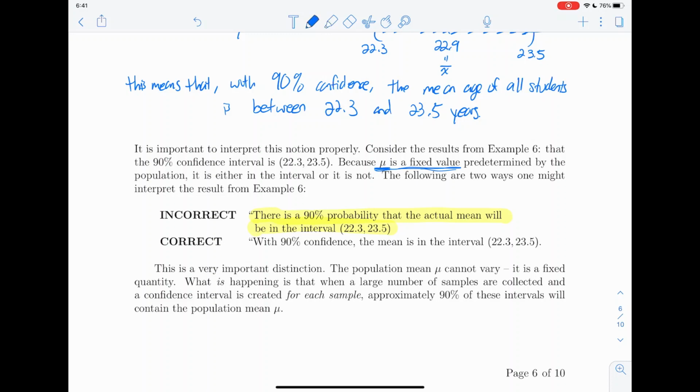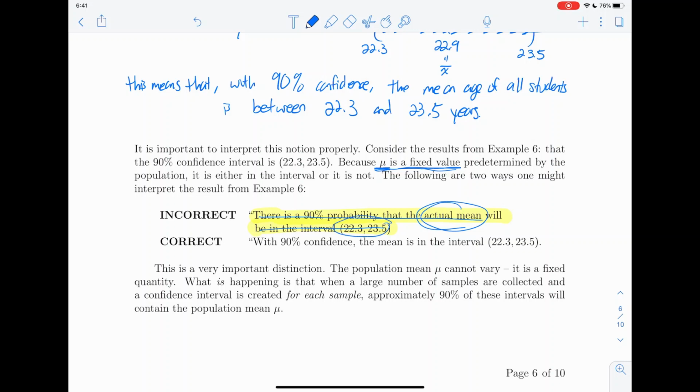Unfortunately, this is the worst possible thing to say, because this phrasing somehow implies that the actual mean is this fluid variable that can live in different places, and you're now 90% confident that it happens to live in there.